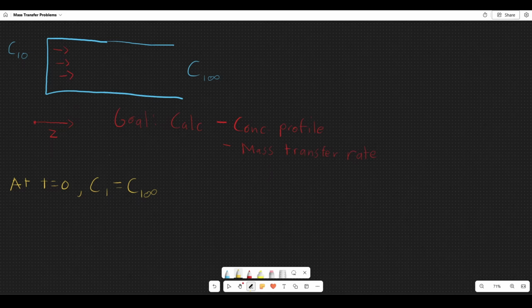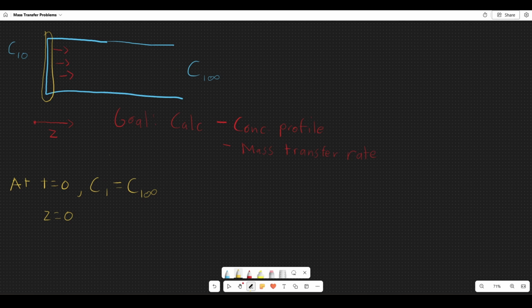And then let's also outline our other conditions. So at z equals 0, let's say the block is just then placed, and time has started. That means that this surface, as soon as we place the block, is in contact with the solution at C1 naught.